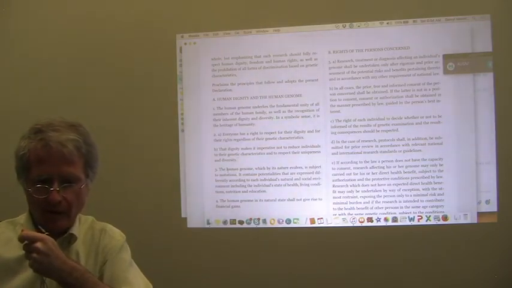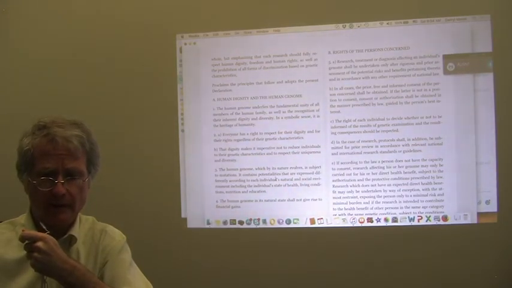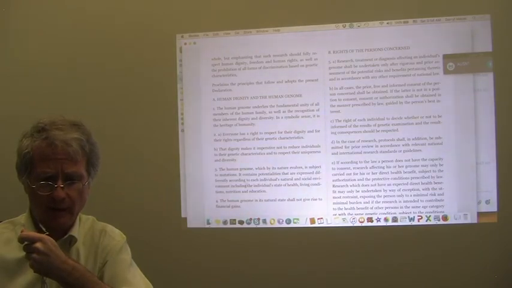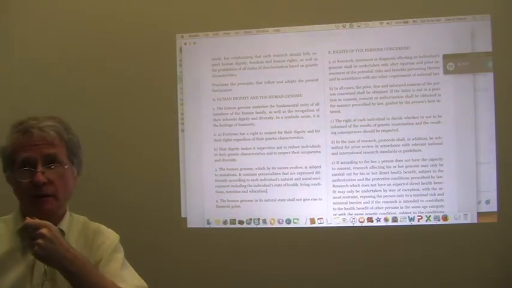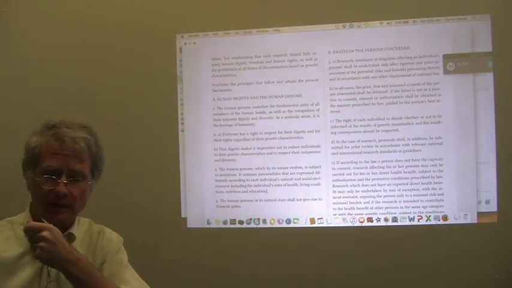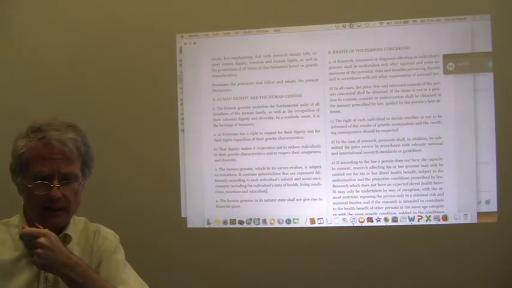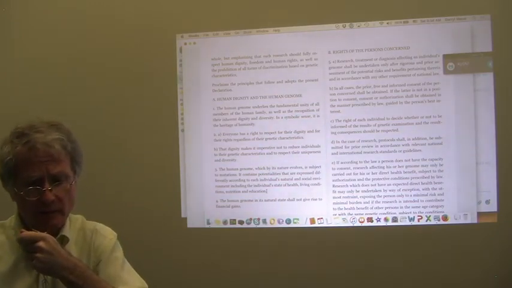Article 3, the human genome, which by its nature evolves, is subject to mutations. It contains potentialities that are expressed differently according to each individual's natural and social environment, including the individual's state of health, living conditions, nutrition, and education. So we talked about mutation. The mutation rate is quite high. It's clear that people do mutate.